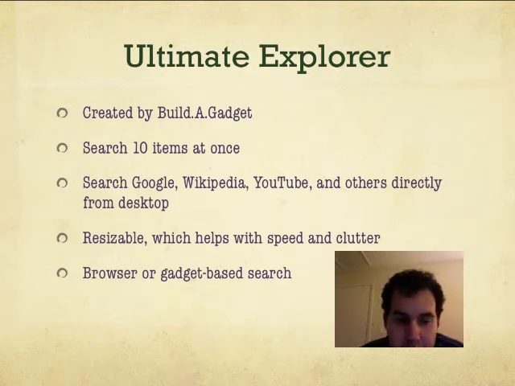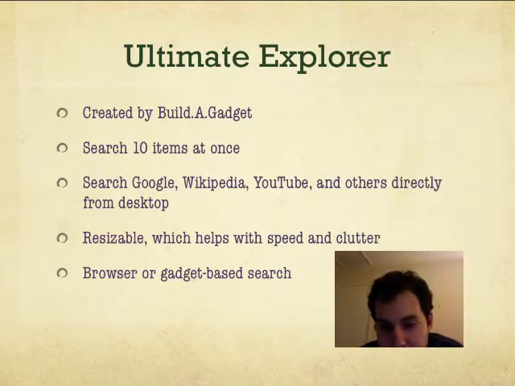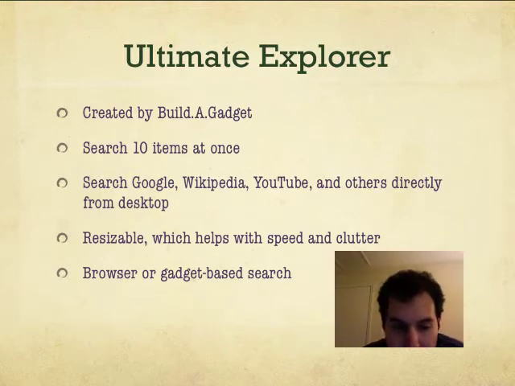It's good to be able to search for other websites, and if you have Ultimate Explorer minimized, or just shrunk so it's mini size, then you can still search for things, but also have the other windows open at the same time. Also, you can do a browser or gadget-based search, which is also a nice, neat feature of Ultimate Explorer.